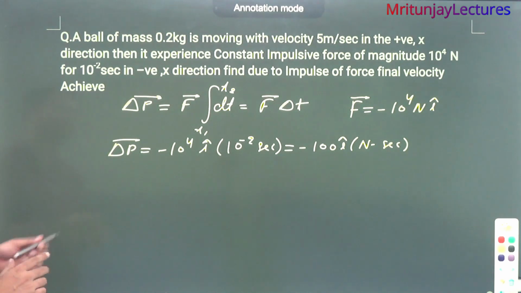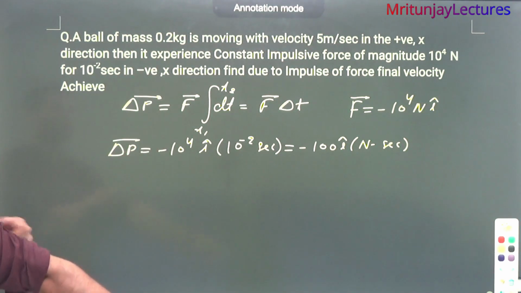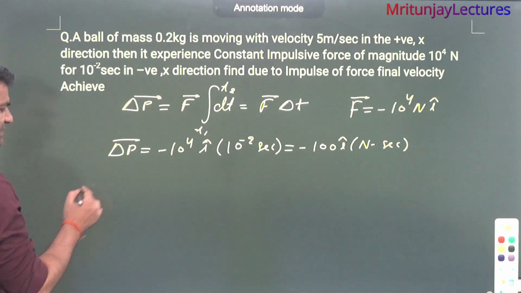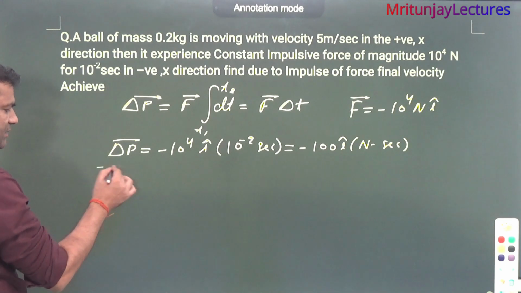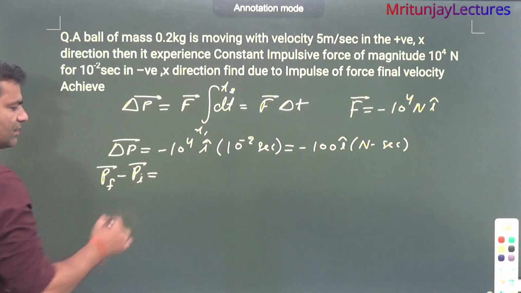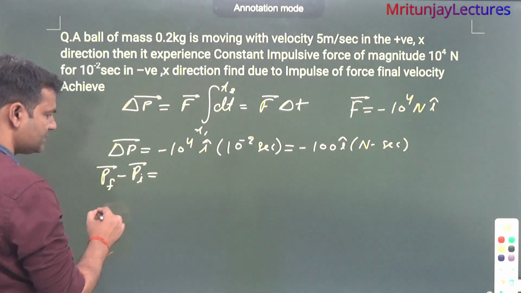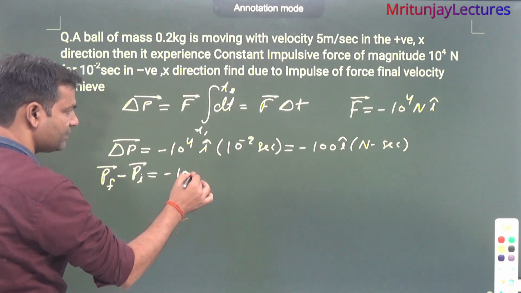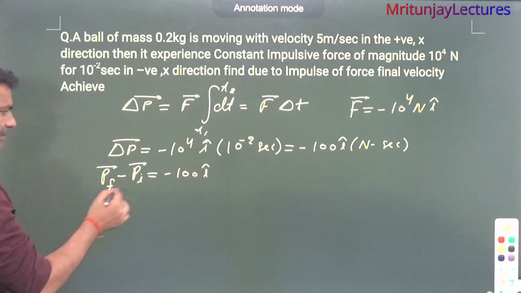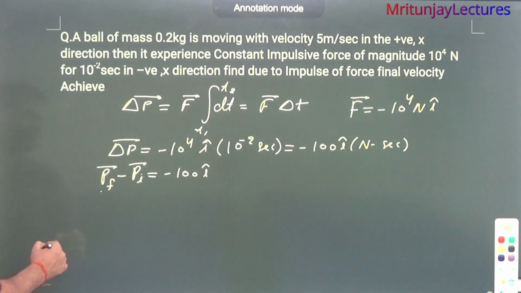Now our next target is the final velocity. Delta P is also written as minus 100 i cap. In terms of velocity, it is 0.2 into final velocity minus the initial momentum, where the mass is 0.2 kg and the initial velocity is 5 i cap in the positive x direction.